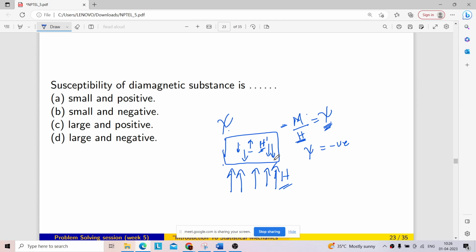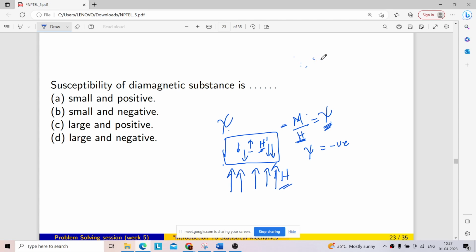And diamagnetism is there. So what happens in diamagnetism? There are no unpaired electrons in that system, in that atom.